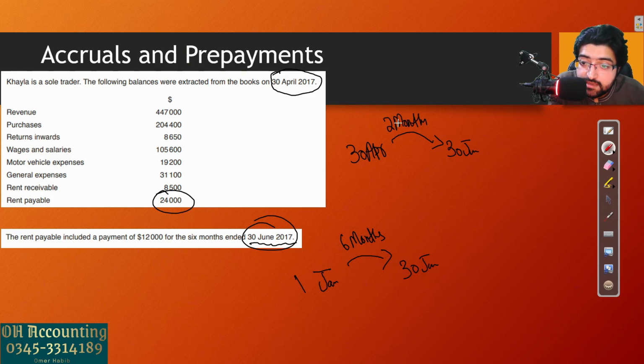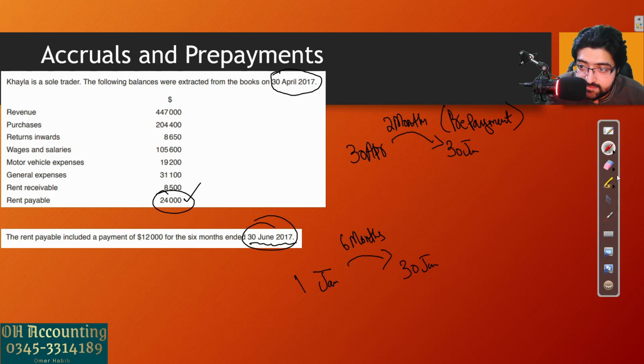After April comes May and then June, which means in this 12,000 there is a prepayment of 2 months included. Okay, in accounting, we cannot record prepayments in the current year's income statement, so we have to remove the 2 months prepayments from this amount given here.